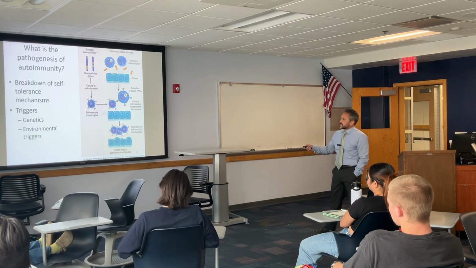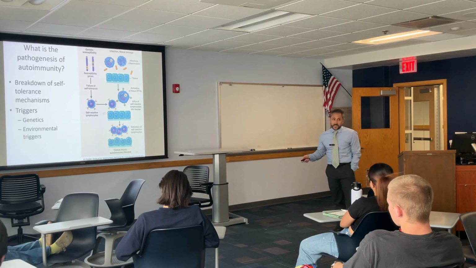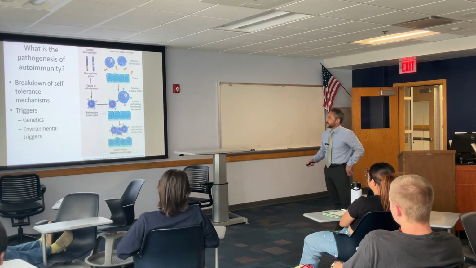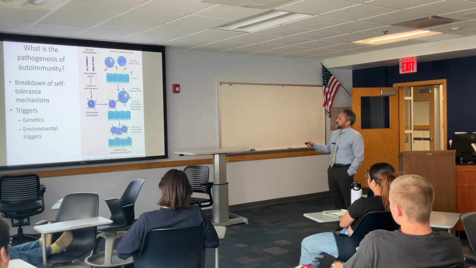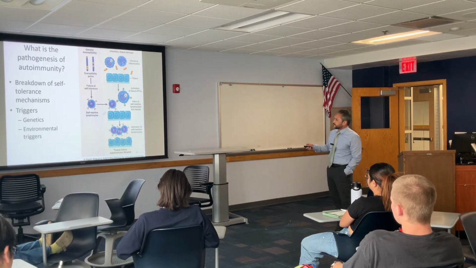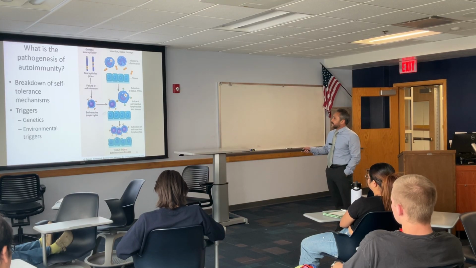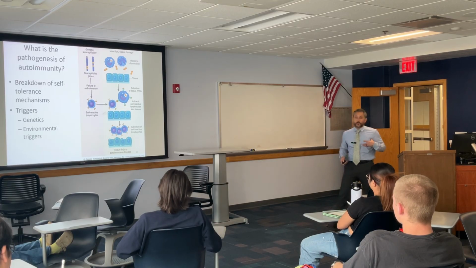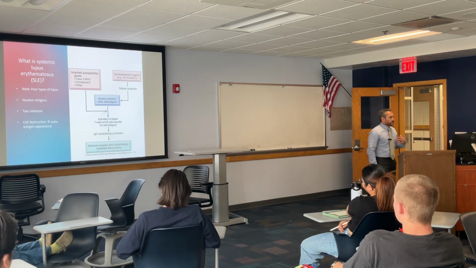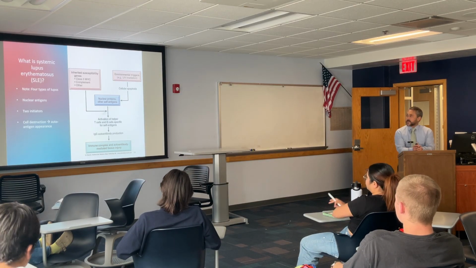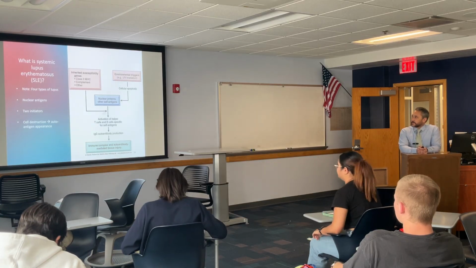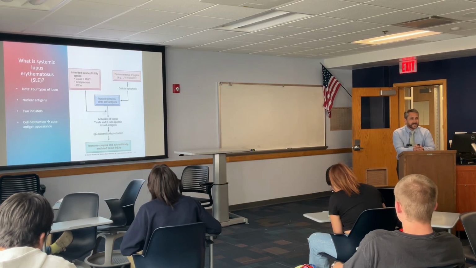We release these self-reactive B and T lymphocytes. They get out into the circulation, and they start targeting very specific tissue that we normally need and want. So the first one up that we're going to talk about is systemic lupus erythematosus, or SLE.